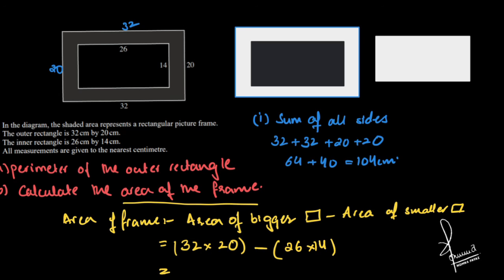When you calculate the answer, you should get 640 minus 26 into 14, which is equal to 364. So you should get 640 minus 364, which is equal to 276 centimeters square, which is your answer.